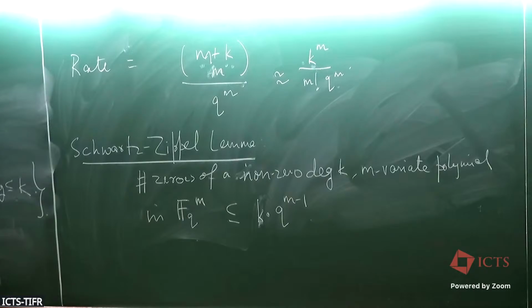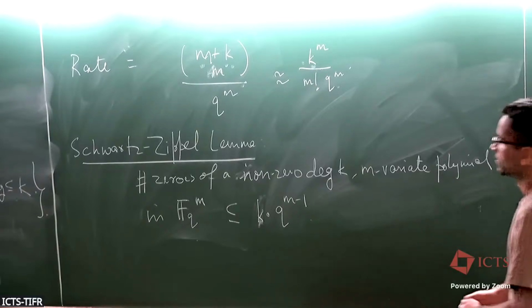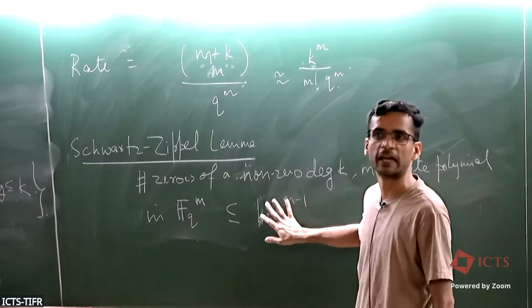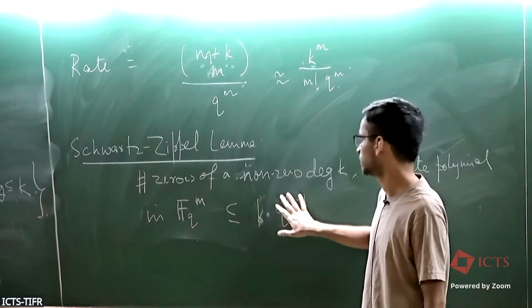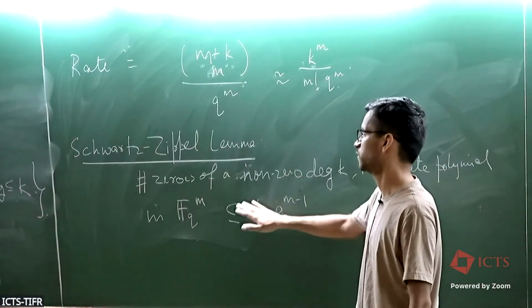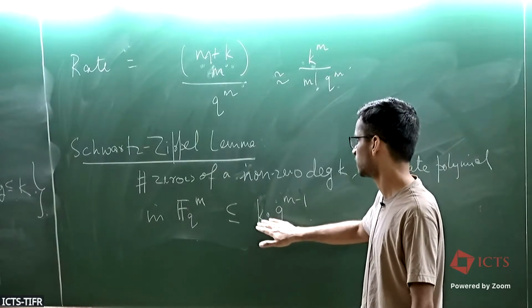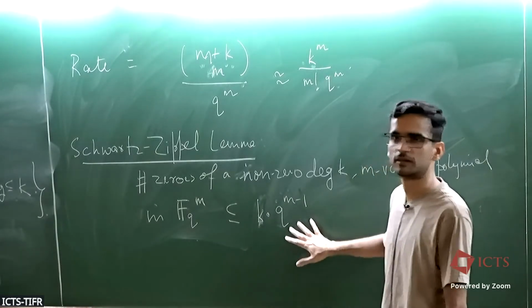Oh, there's no d, sorry. The number of zeros of a degree k m-variate polynomial in F_q to the m is at most k times q to the m minus 1. For m equals 1, this is k. This is the statement we had. But for larger m, this is the bound we have.